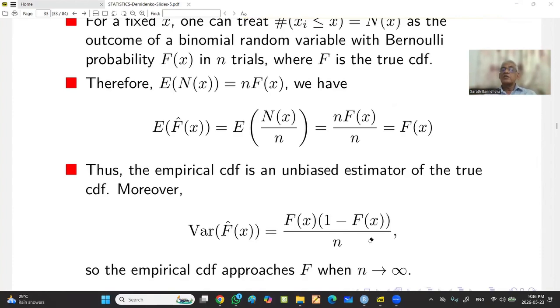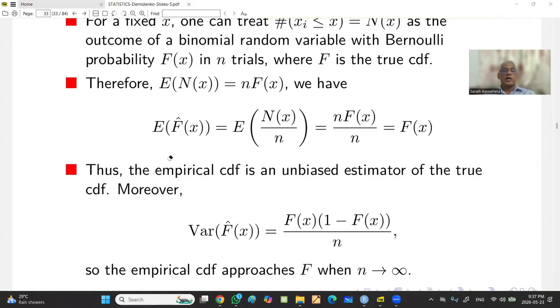That is a good thing. That property is called consistency. So in this case, we say F hat x is a consistent estimator for F(x).